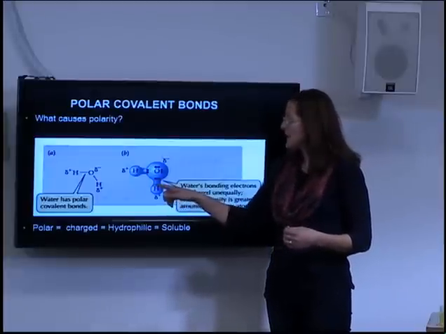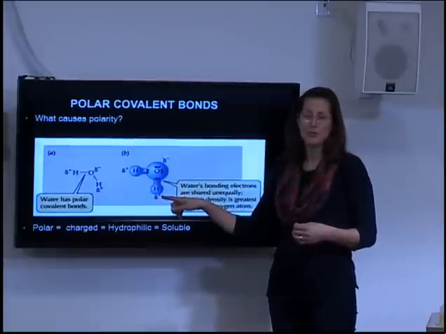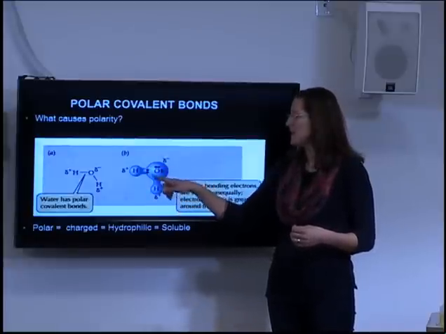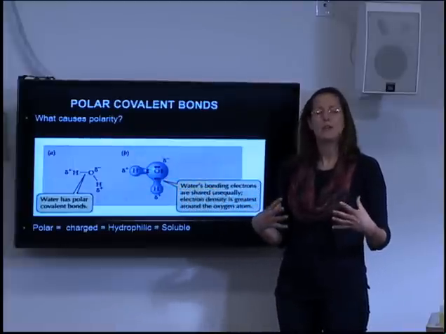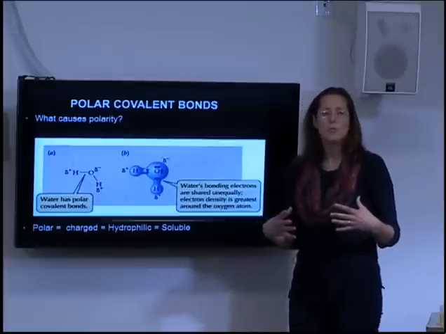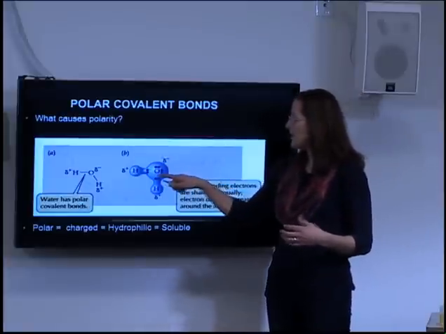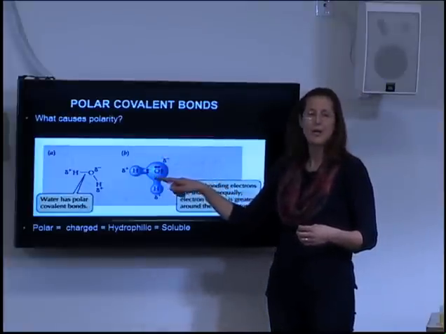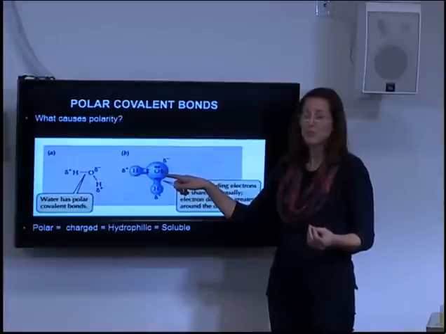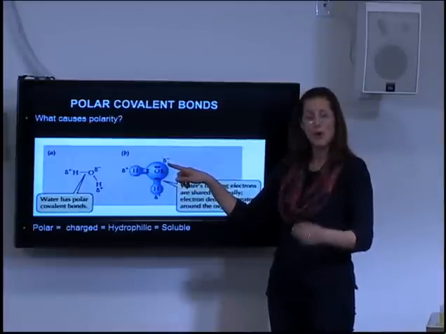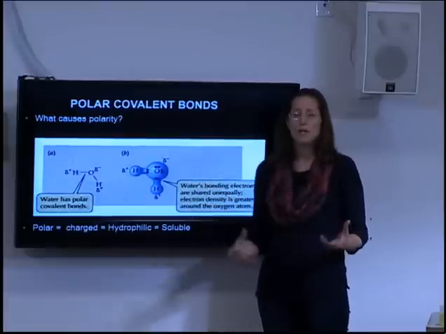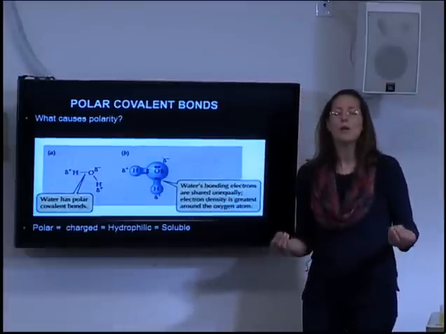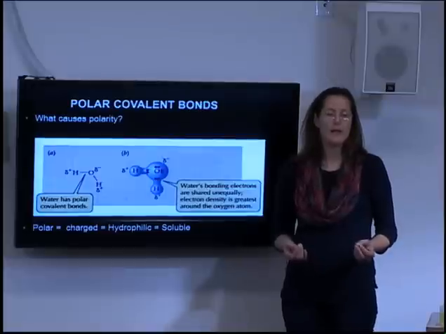That means that the electron, the one electron that hydrogen has, ends up spending a lot more time around the oxygen atom. So it's an unequal sharing of electrons. And when an electron hangs out more often over here, that negative charge brings on an actual partial negative charge to that oxygen.